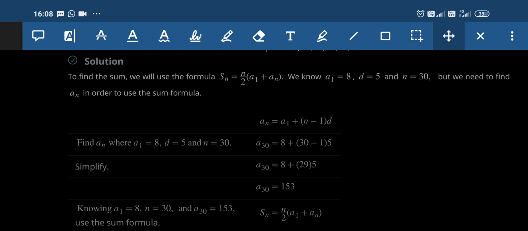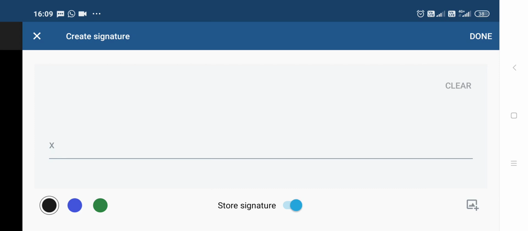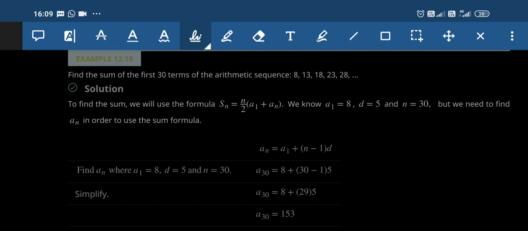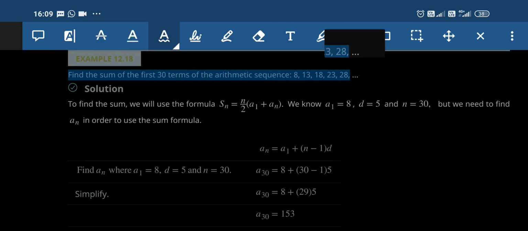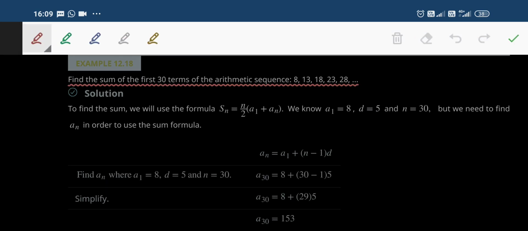Here we have: find the sum of first 30 terms of the arithmetic sequence 8, 13, and so on. So this is the arithmetic sequence. Here what is the first term?